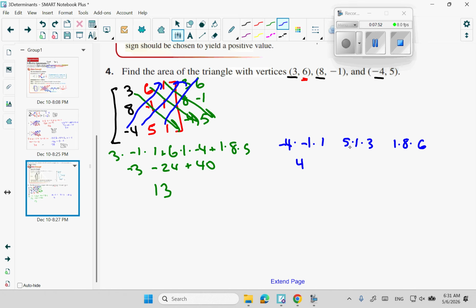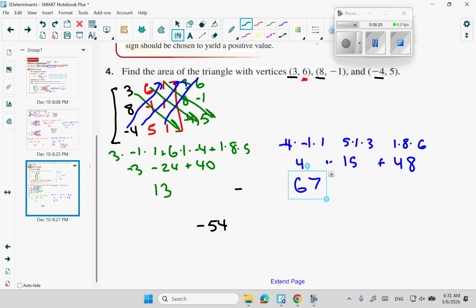We get 5 times 1 times 3, so 15. 1 times 8 times 6, so 48. Add those all together. Gives us 67. Of course, we can subtract there, so we're going to get negative 54.